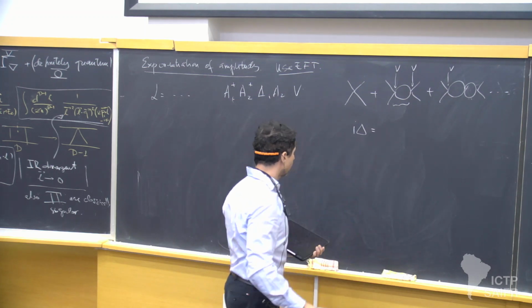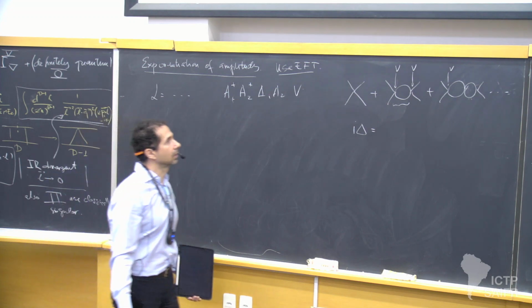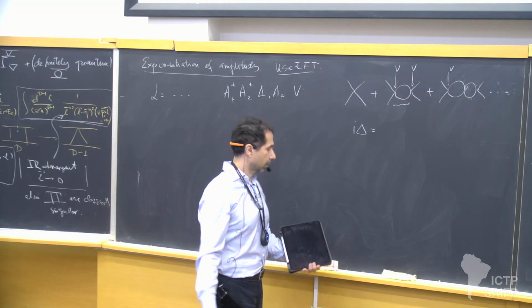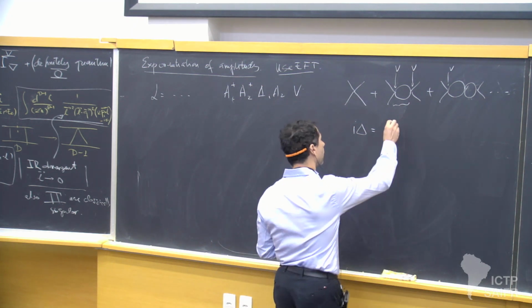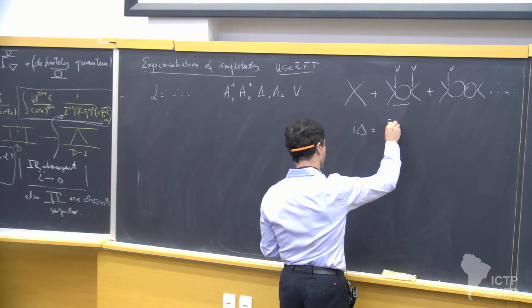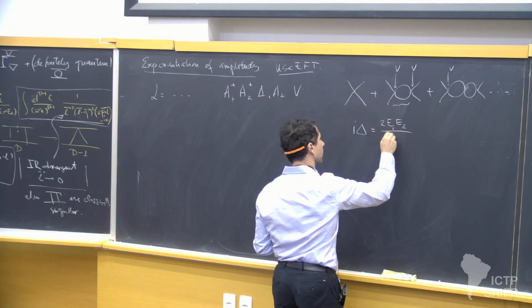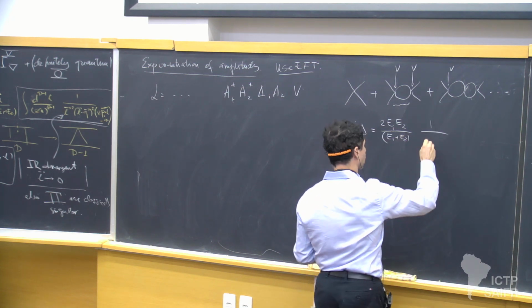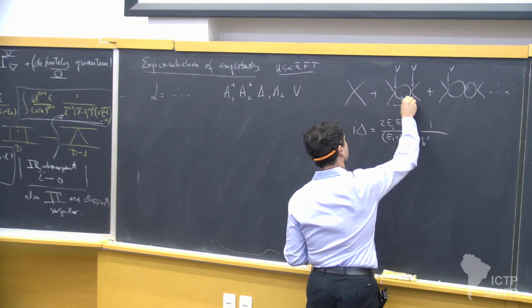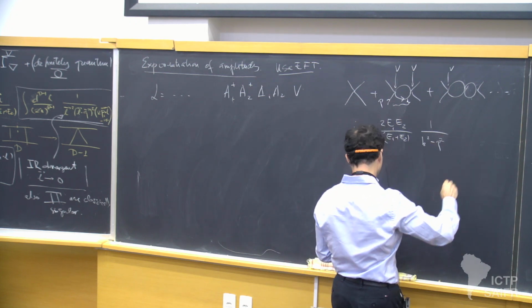So this I delta started out its life as a product of two propagators with an integral, and we evaluate the omega, the frequency integral, or the energy integral. And then we found this, E1, E2, over twice E1 plus E2. 1 over K, so this is K, this is P. 1 over K square minus P square plus extra terms.